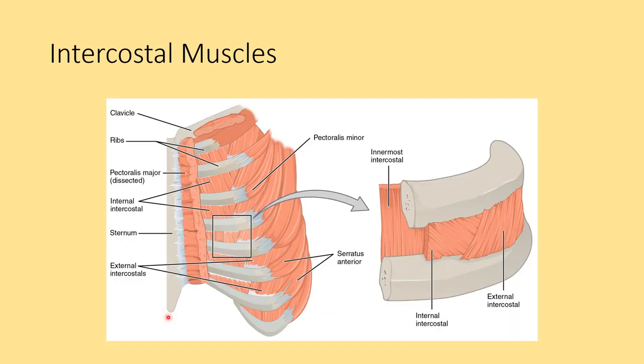The intercostal muscles are going to be assisting with breathing. They help to move the ribs, so that every time you inhale and exhale, the ribs are moving, and when they move, it changes the volume of the thoracic cavity, and volume is inverse to pressure.